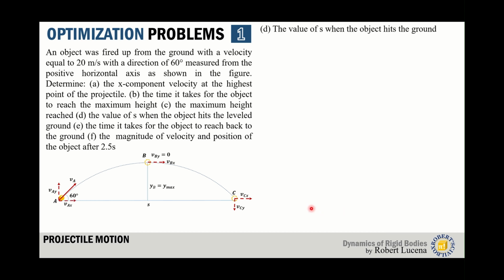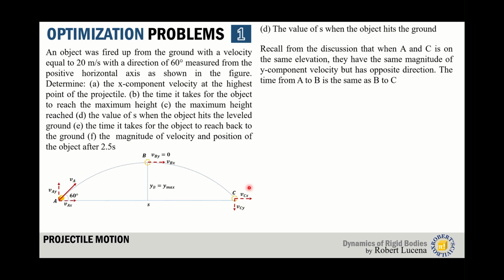So next, the value of S when the object hits the level ground. We're talking about the distance traveled, or the horizontal displacement from point A to point C. So we're talking about the horizontal axis, which means we're only using the definition of velocity, because we have constant x component velocity throughout the flight.